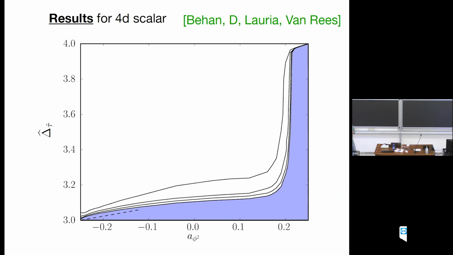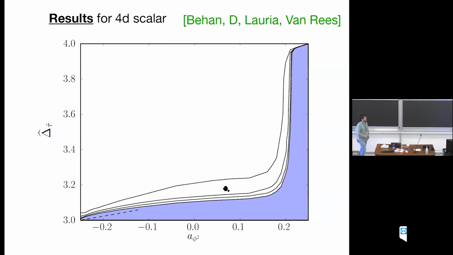We didn't quite get that, but you can see that in a wide range of parameter space, we are kind of close to that. So the maximal allowed dimension for the spin 2 is very close to 3, meaning that there is not much there.